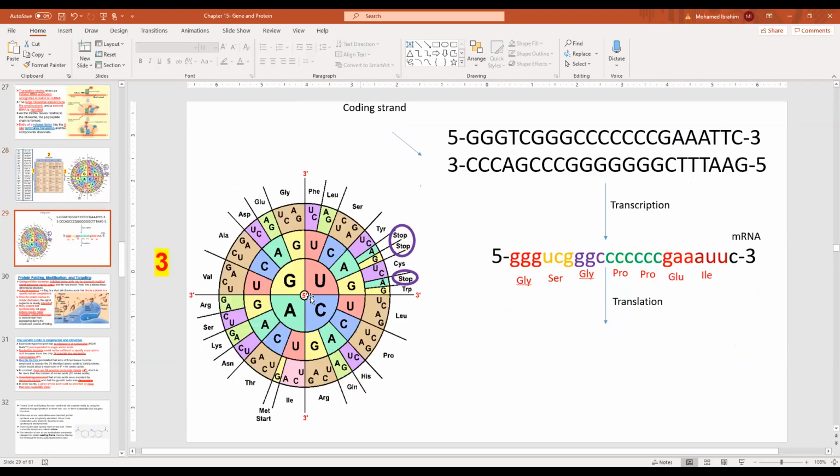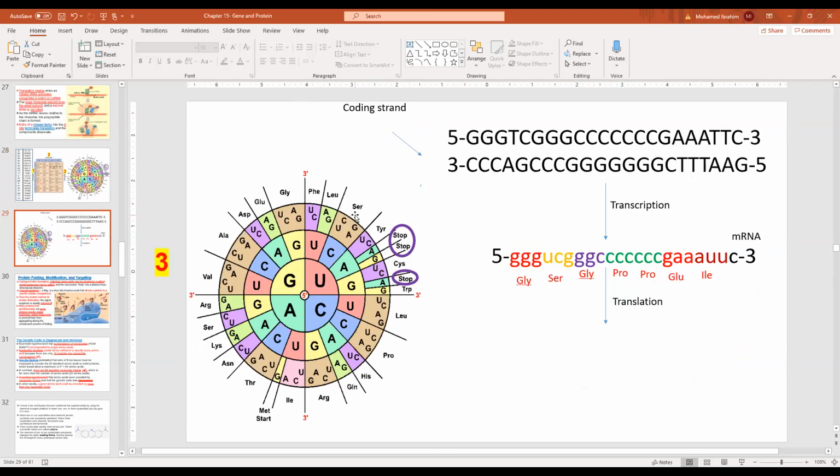Simple, and it will be worth lots of points in this question. When I give you a piece of DNA and ask you to do transcription and translation, you need to follow up with this. It is so important. One last thing I need you to see: some amino acids can be produced using different codons.